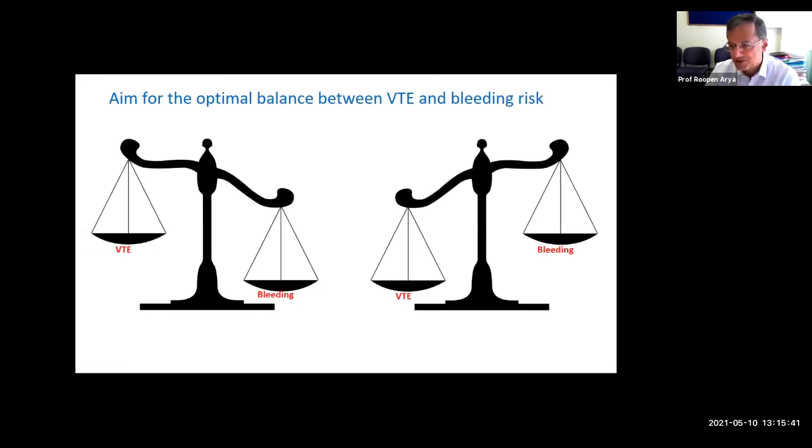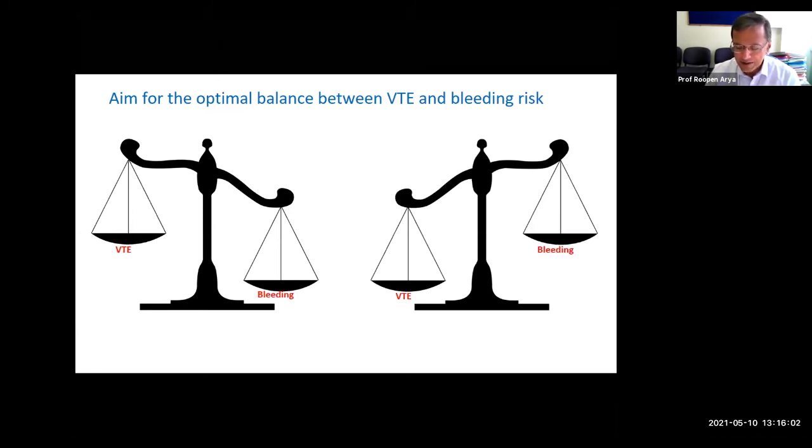Bleeding risk is, of course, much less well described, but influences the outcomes very significantly. And thrombosis, on the other hand, might occur when at an individual level, the threshold for VT is crossed, usually due to a combination of multiple risk factors.